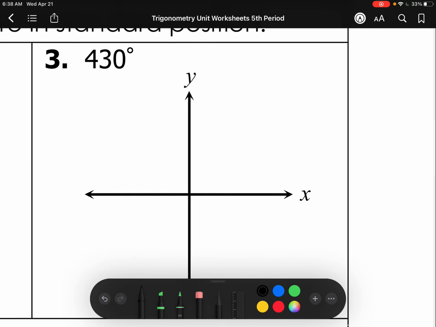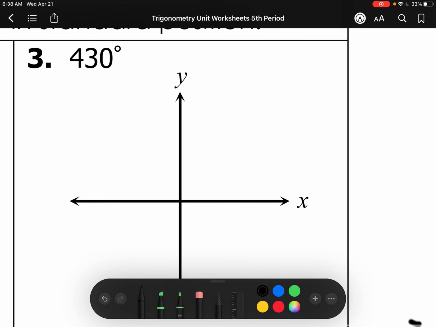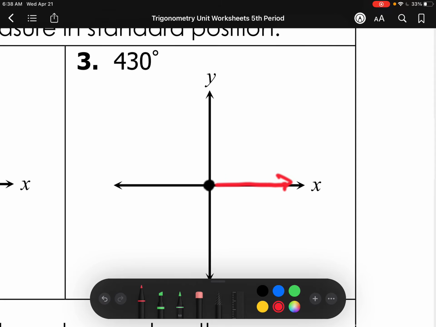All right, and then 430 degrees. First I'm going to draw my vertex, and I'm going to draw my initial side. 430 is more than 360, so we know that it's going to be more than one full rotation, right? One full rotation like this would be 360 degrees. Then 430 minus 360 leaves us with 70 degrees.